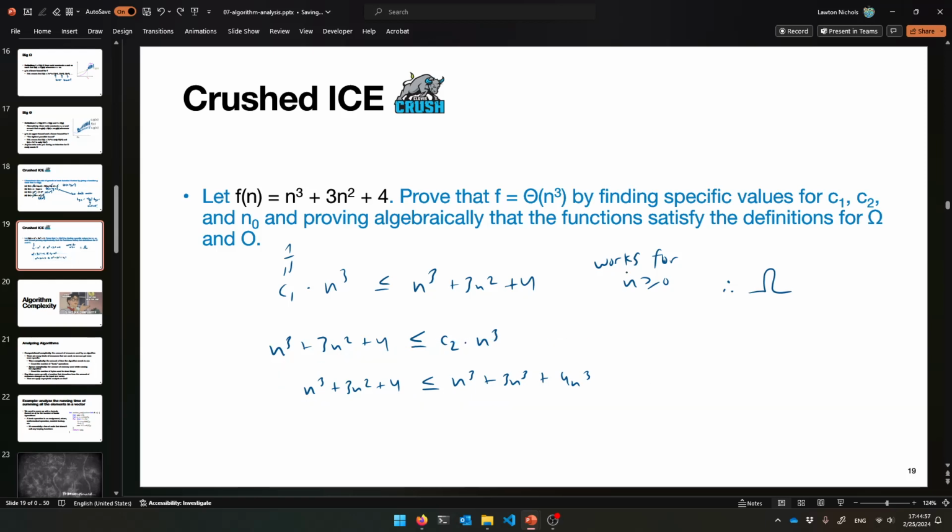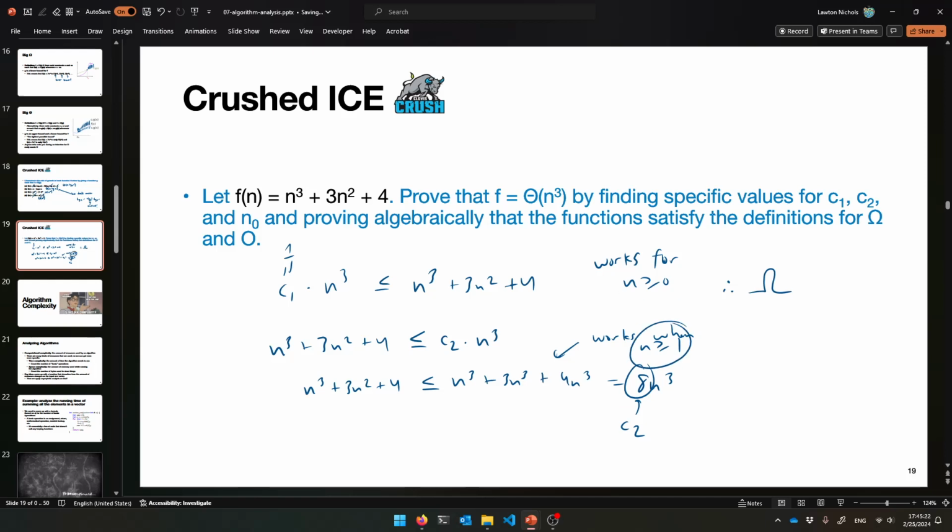This works when n is greater than or equal to 1. I hope you see that. And what is this but just 8n cubed? And so there's an easy constant, and that can be our c2.